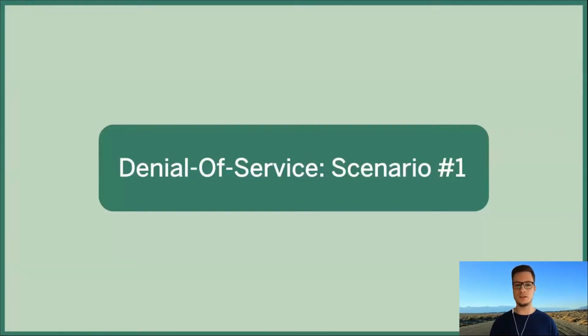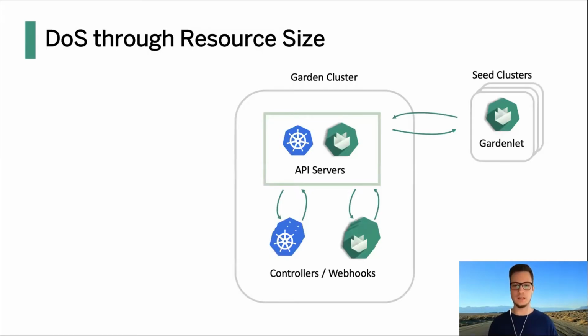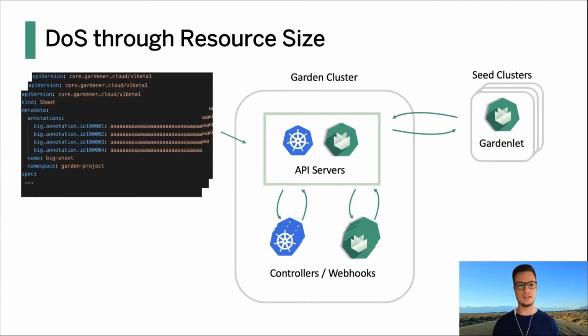Now I want to show you one denial of service scenario. I have two prepared for this session, and let me start with the first one. We have this basic setup I just showed you. Now what happens if you prepare a few resources, for example a shoot cluster resource, which is of course only Gardener related, and you artificially extend these resources? You blow up the resource by putting a lot of annotations inside. Why annotations?